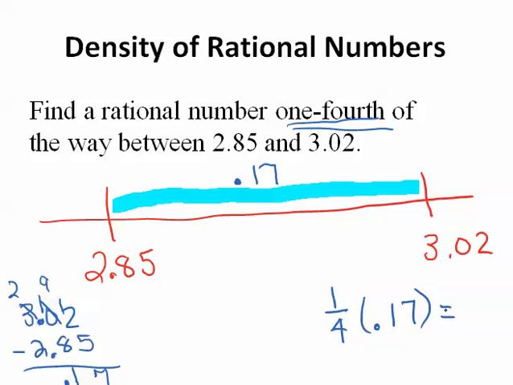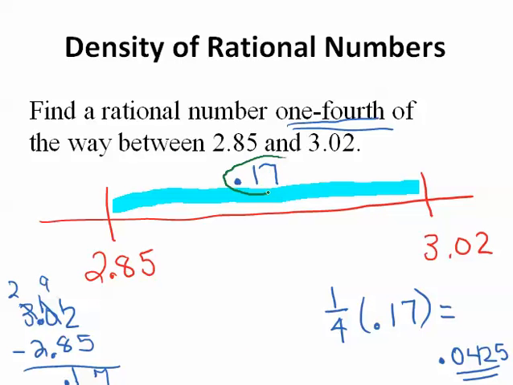And hopefully y'all have a handy dandy trusty nifty calculator that will do it for you. And I get 0.0425. Now, they want you to find the number that is 1/4 of the way. So here's what you have to do. Are you listening?